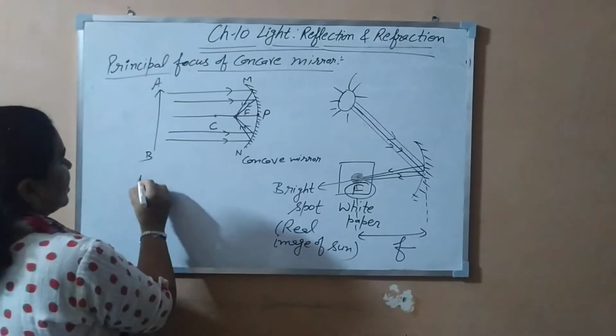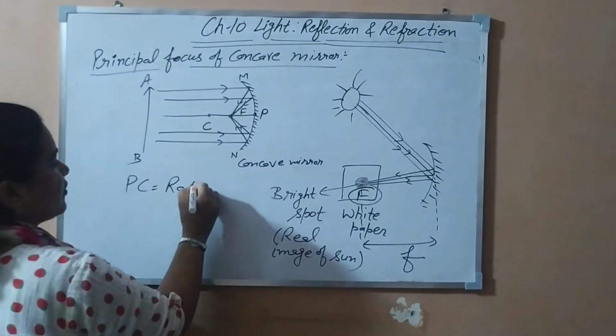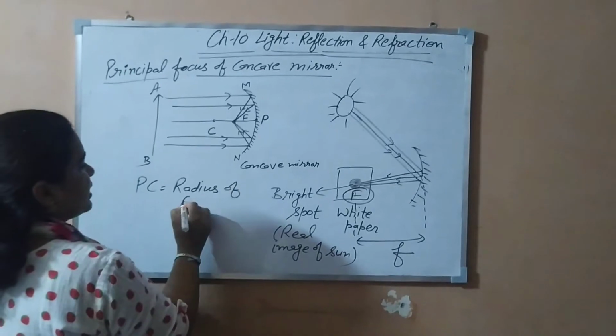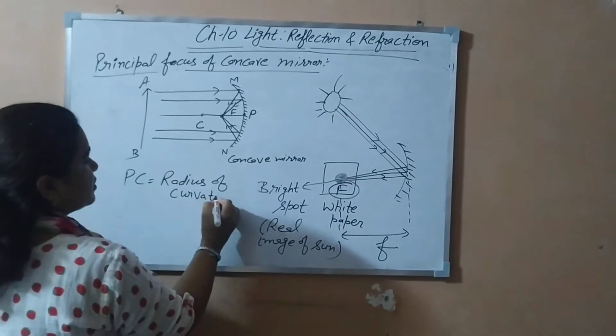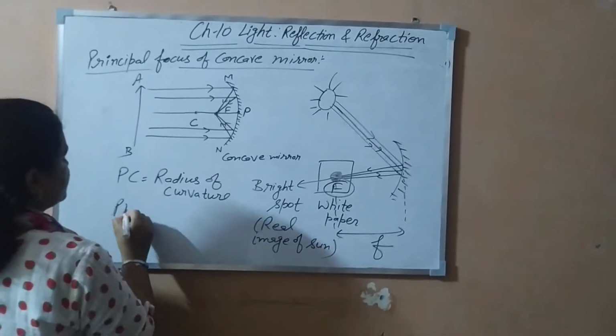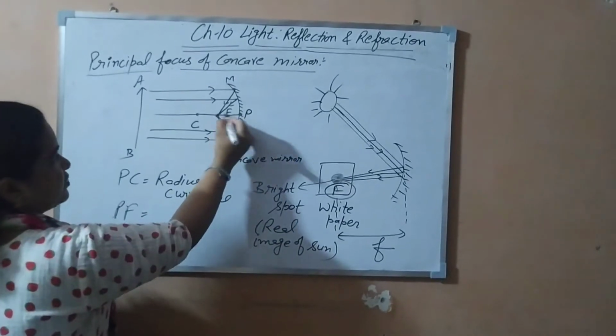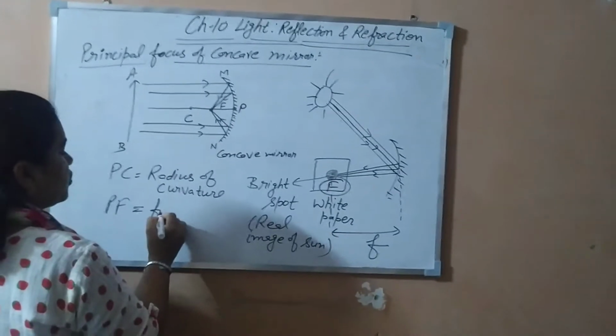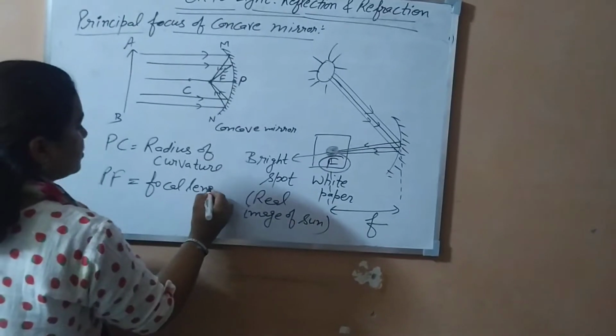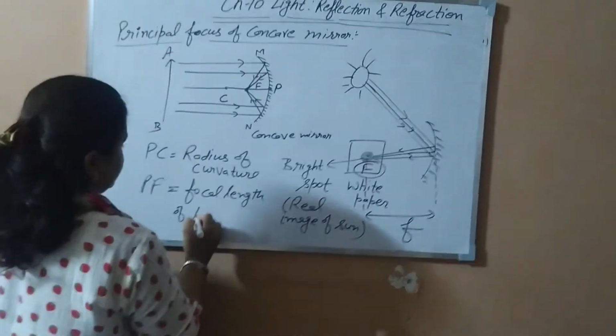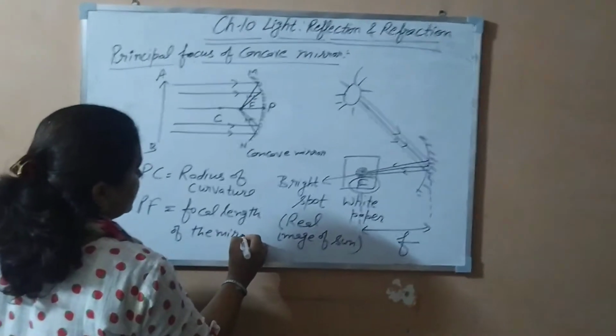Earlier you have done that PC is the radius of curvature. Similarly, this distance PF from the pole is known as the focal length of the mirror.